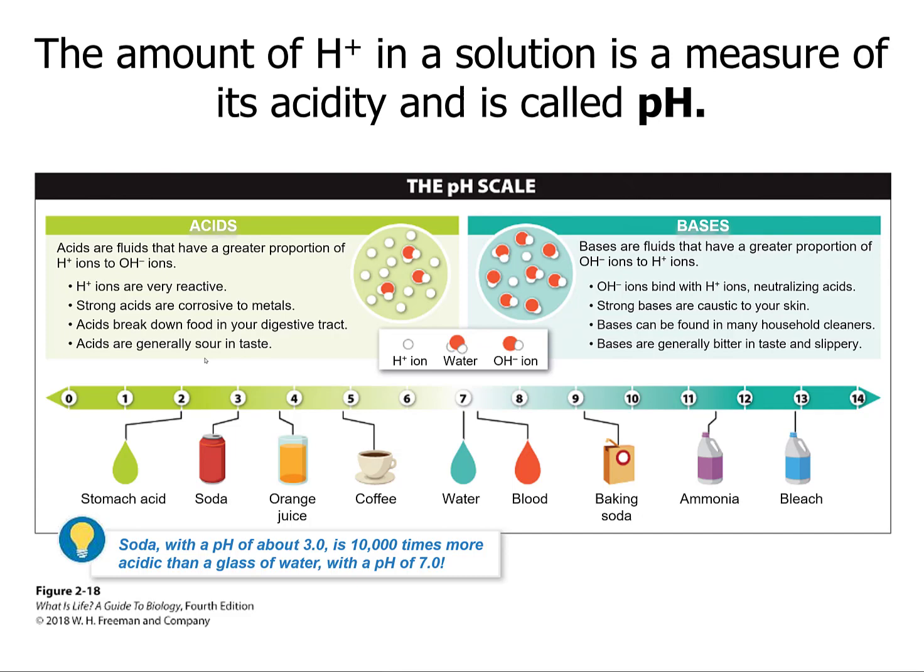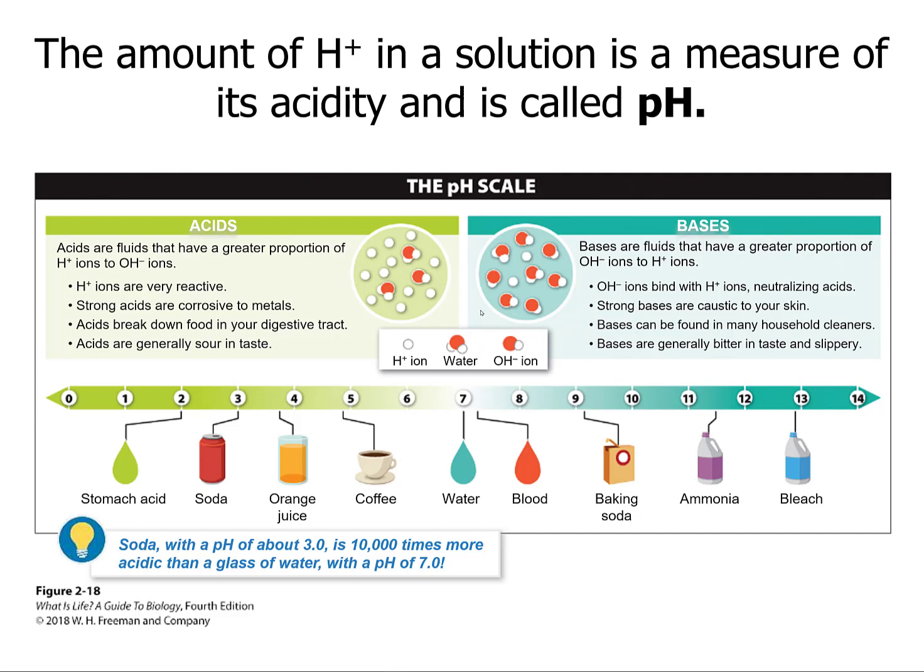And of course, we have mucus linings on our stomachs as a barrier to protect our tissues. Acids are generally sour in taste. So as we go down the pH scale, the lower the pH, the concentration of hydrogen increases.